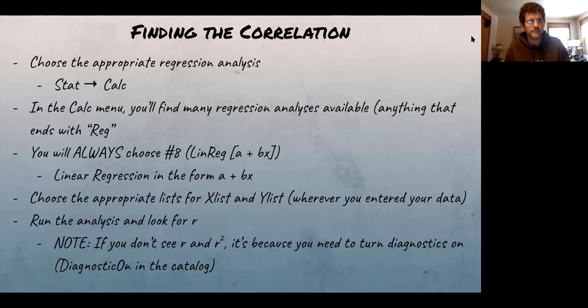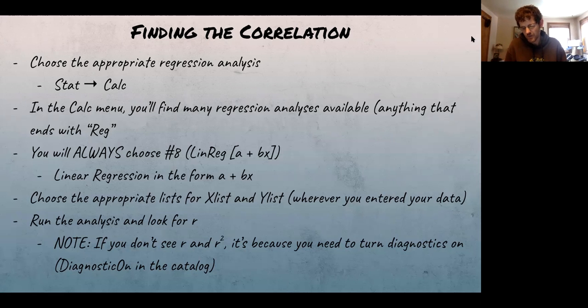So now that we've got the scatter plot created, we actually find the correlation a different way. So in your stat menu, so you can go back to the main menu, hit stat, and you slide over to calc, and we've already gone there before for our 1 variable stats. But if you go down, you're going to notice a lot of options for things that end with reg, which means regression. There's so many different regressions.